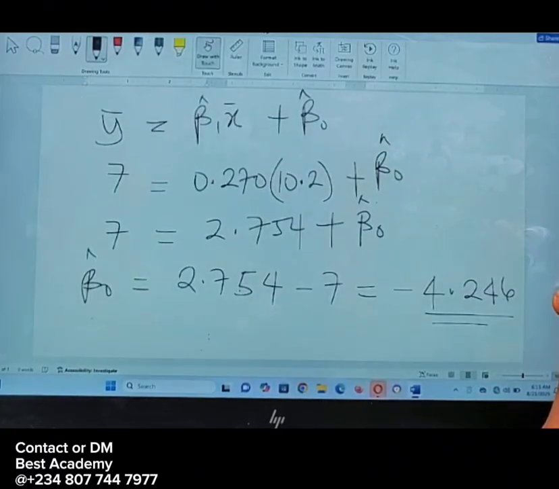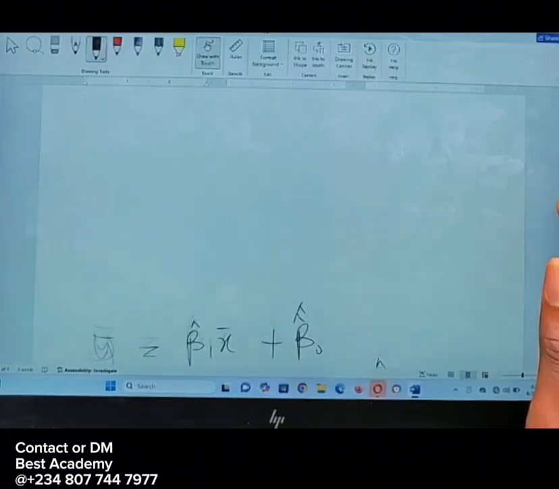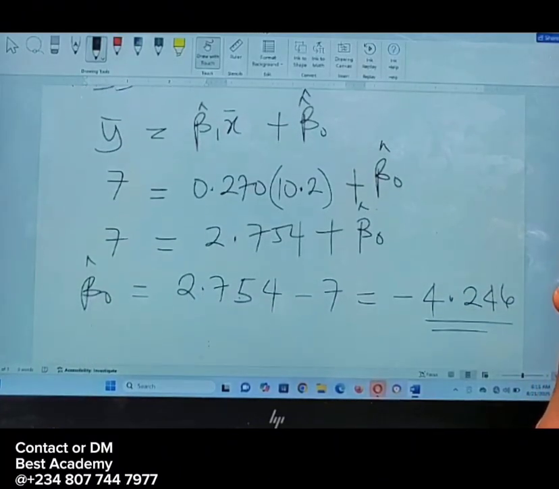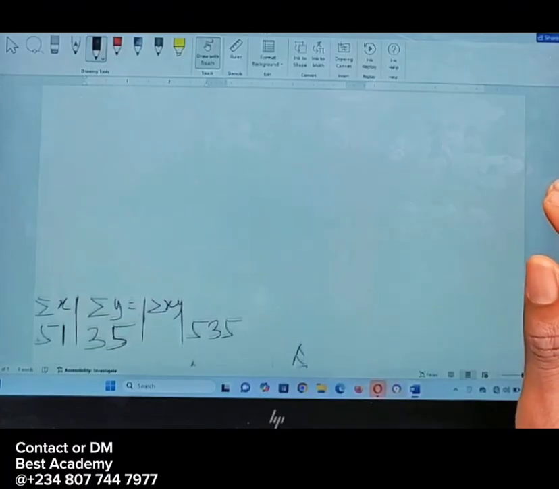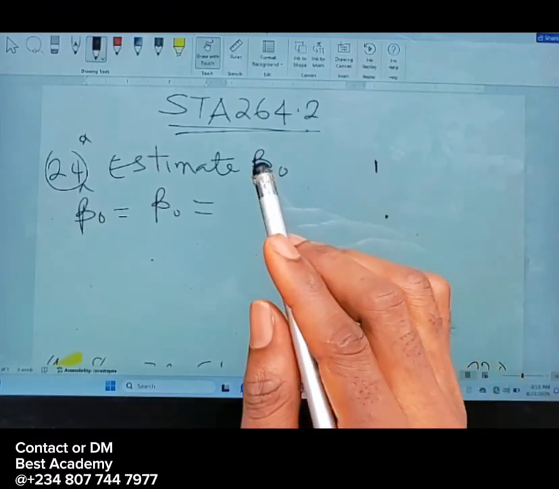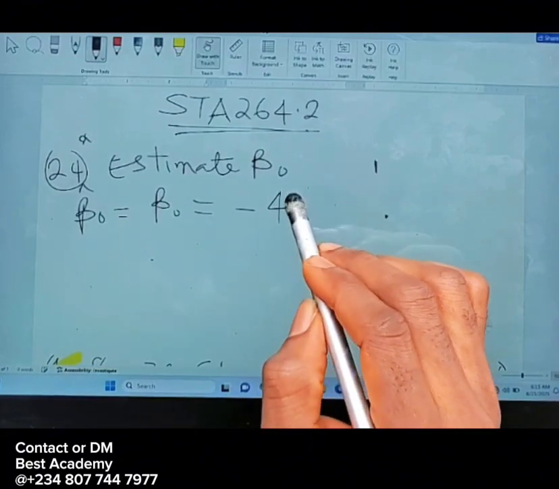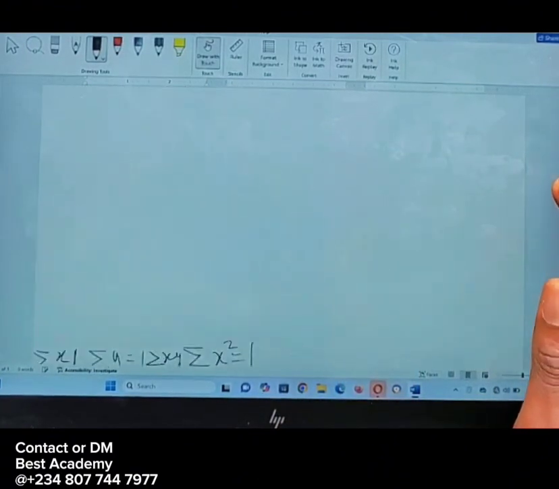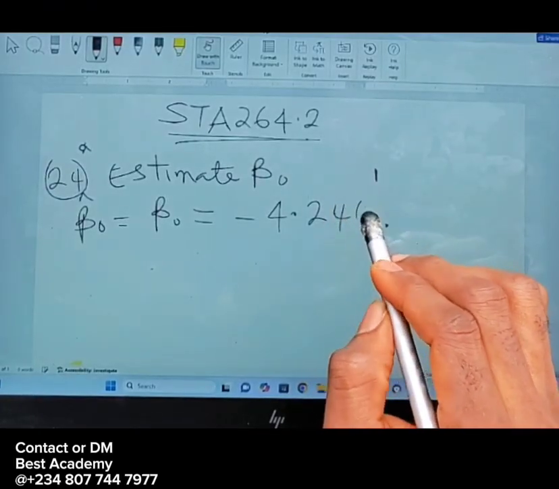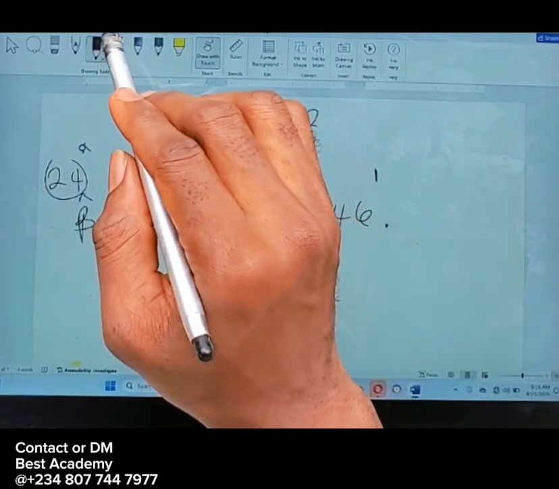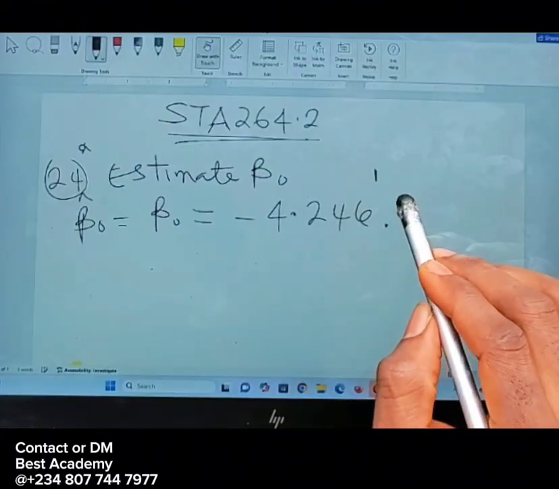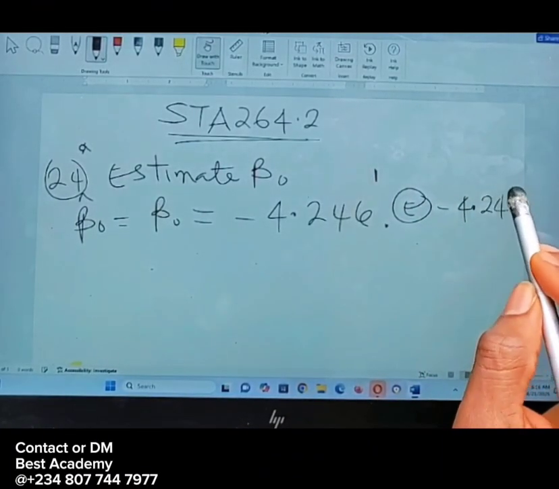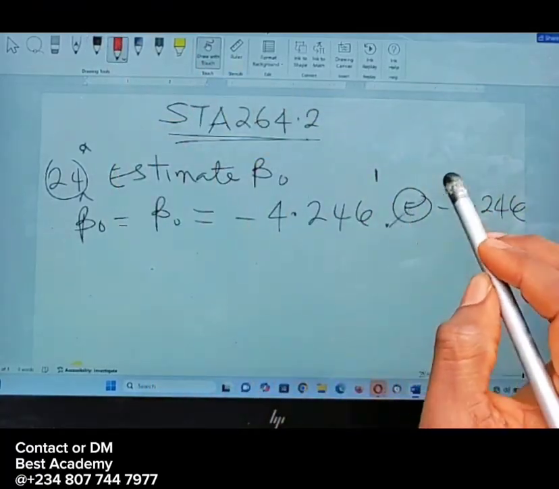That is minus 4.246. So since the option is not here, you can just put E minus 4.246 and tick this in the option there.